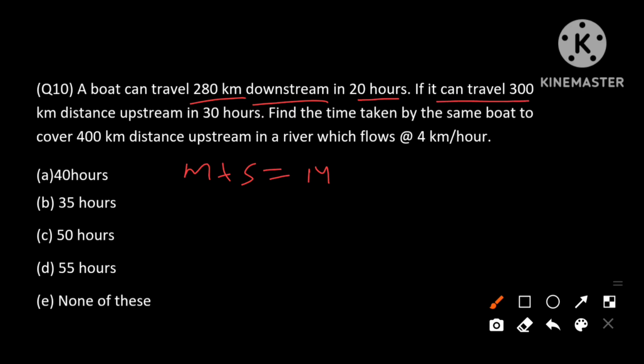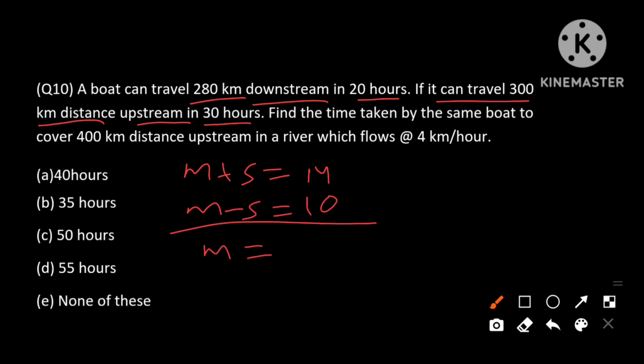If it can travel 300 kilometers upstream in 30 hours, then m minus s will be 300 divided by 30, which is 10. From this we can find m, which is the sum of these two divided by 2, 24 divided by 2, 12, and the s value will be 2.